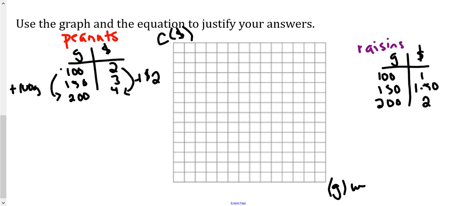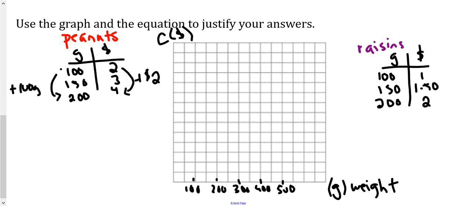This is our weight in grams. And let's go ahead and say 100 grams, 200, 300, 400. All right, let's go up to 500 grams. And then let's find our cost.